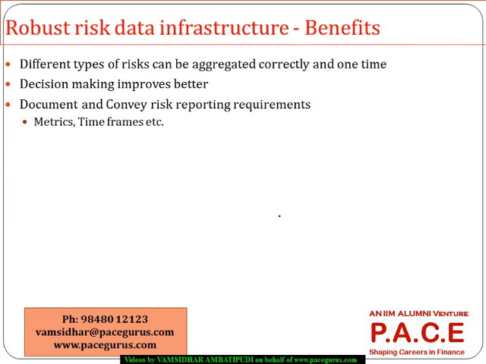So for doing all this, of course, one, we need very good risk data. Two, we need good infrastructure, because a good infrastructure will help me first capture different types of risks.